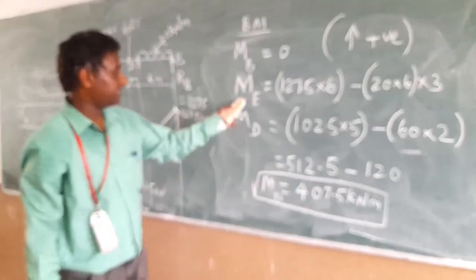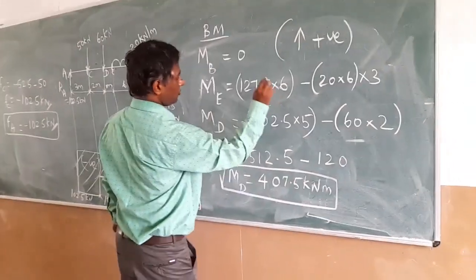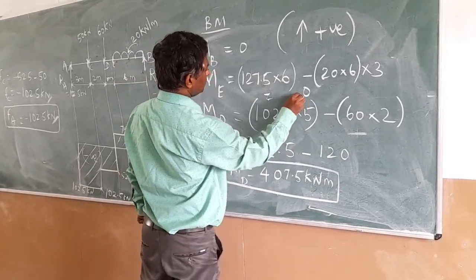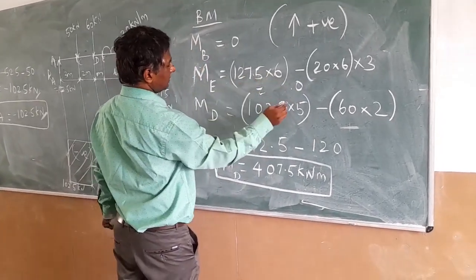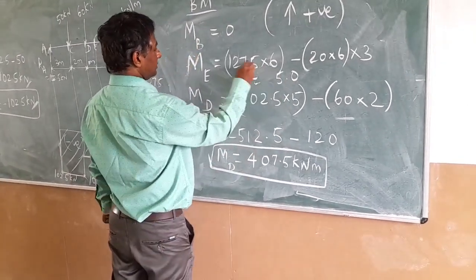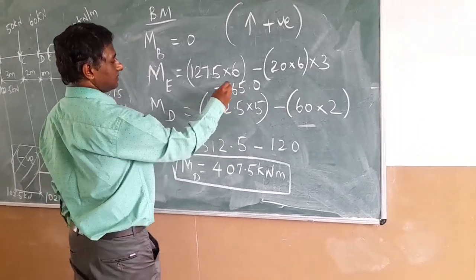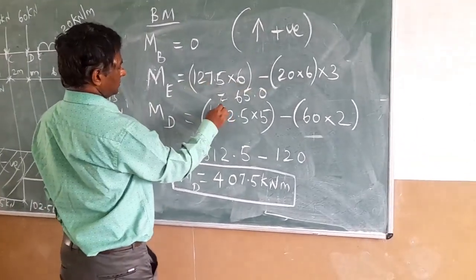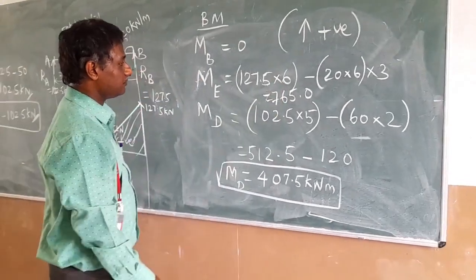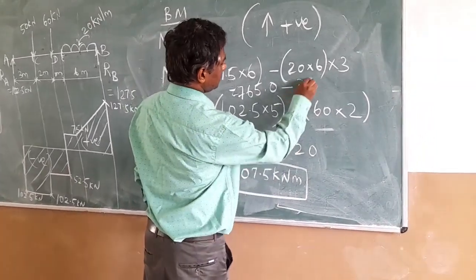And here also M at E we have to find. It is 6 into 127.5, which is 765, minus 120 into 3, which is 360.